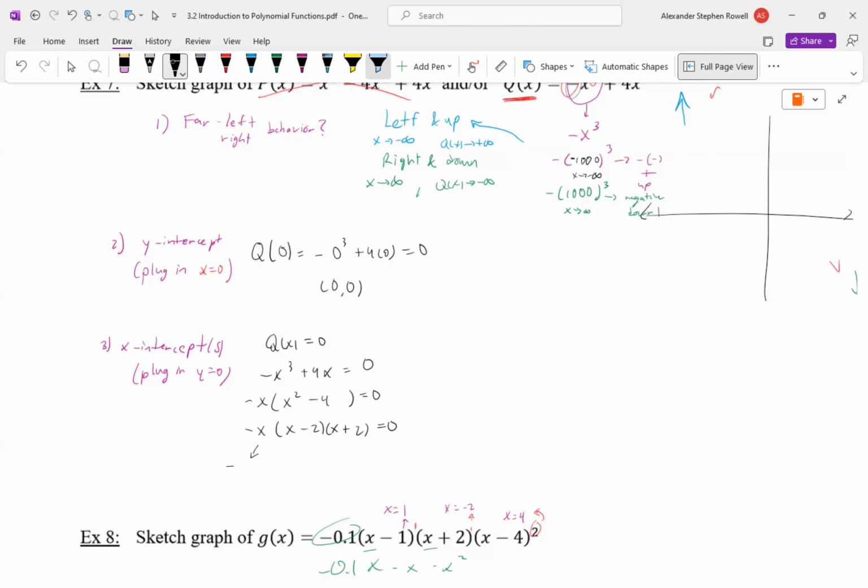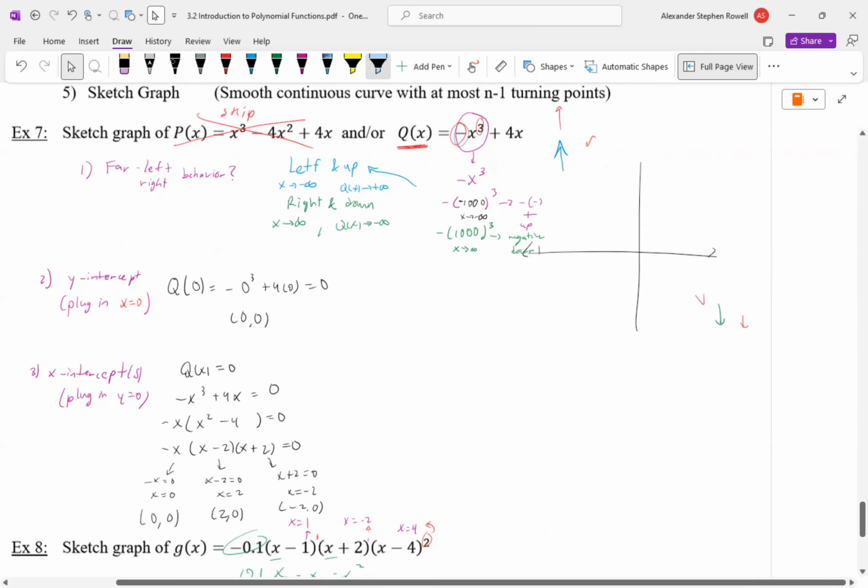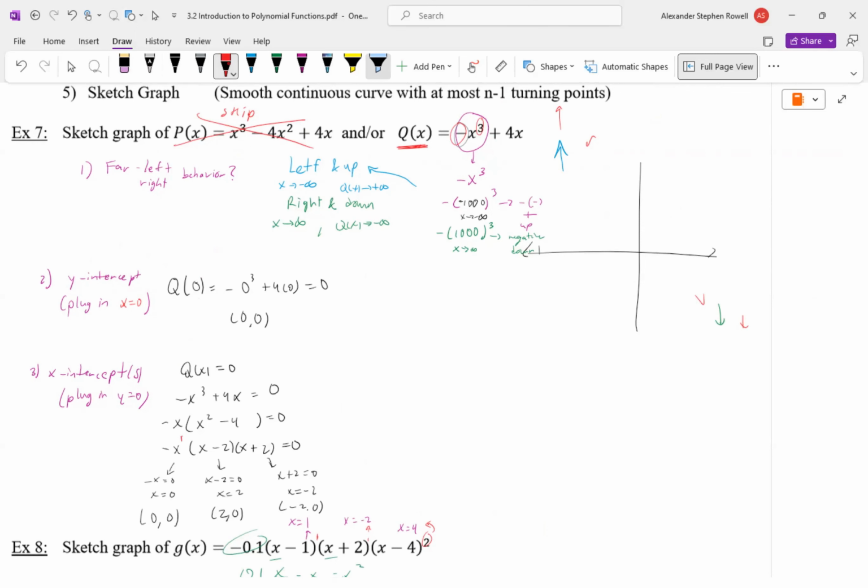But when is negative x equal to 0? When x is 0. So this is (0, 0). When is x minus 2 equal to 0? 2. Okay, so (2, 0). And when's x plus 2 equal to 0? Negative 2, (-2, 0). What's the multiplicity of x equals 0? This has exponent 1, so it has multiplicity 1, but more important, odd multiplicity. But what's the multiplicity of x equals 2?